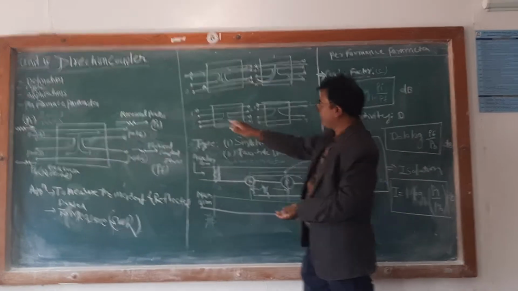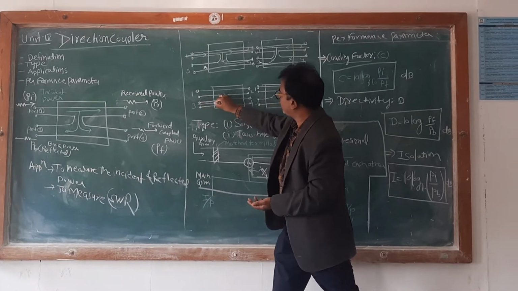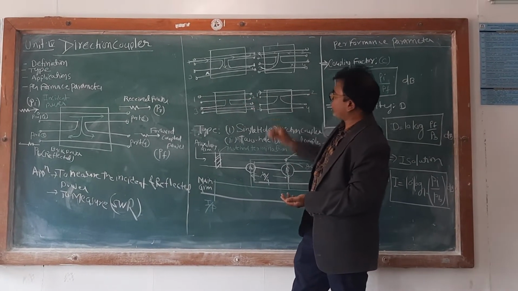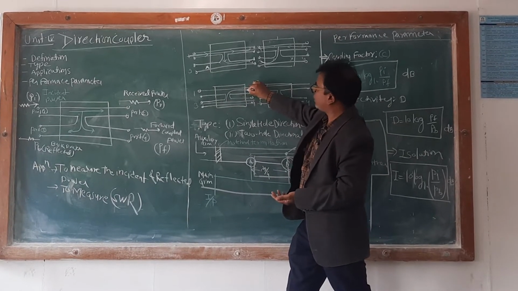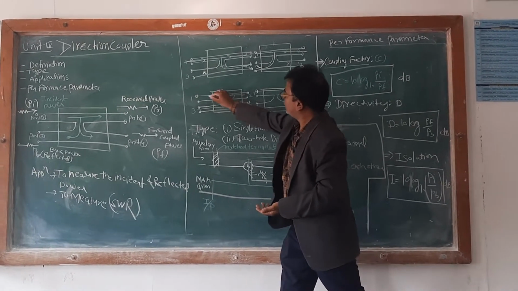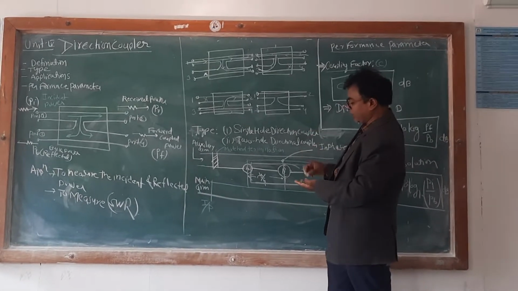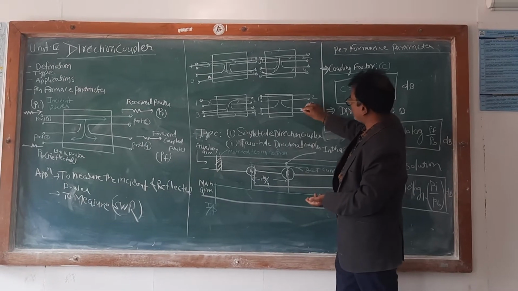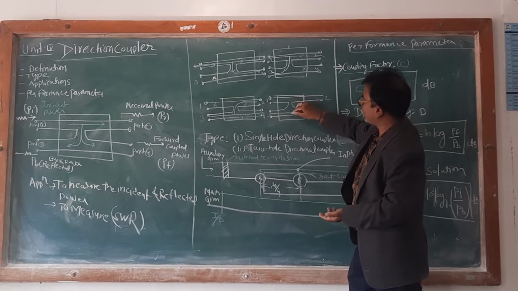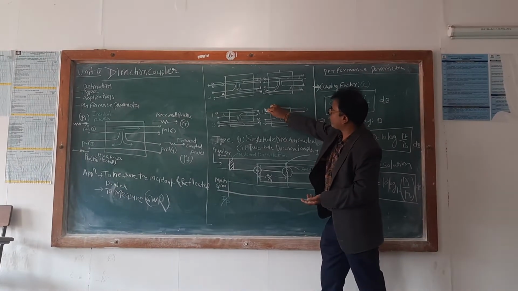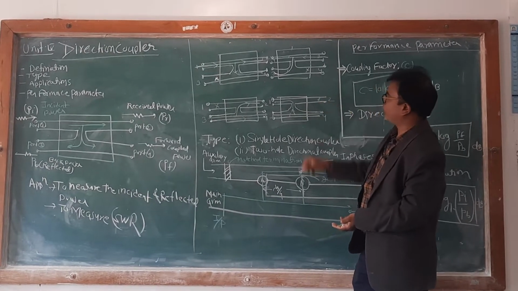Here is another case. If we apply input power at port number 3, a small amount of power is received at port number 4, and some of the power is coupled into port number 2. Nothing will come at port number 1. Similarly, if we apply input power at port number 4, it is received by port number 3, and a small amount of power is coupled at port number 1. Nothing will come at port number 2.